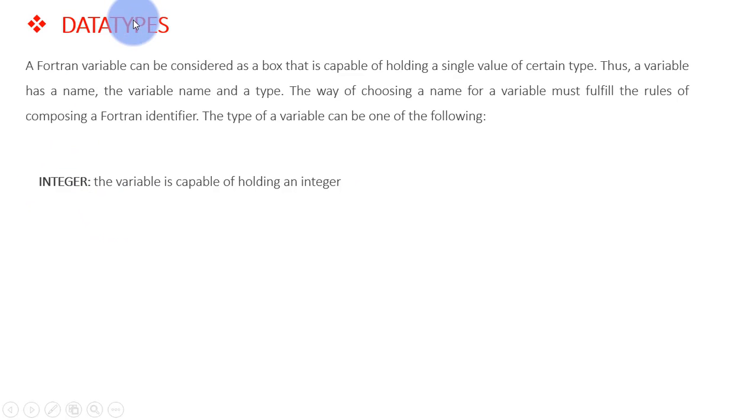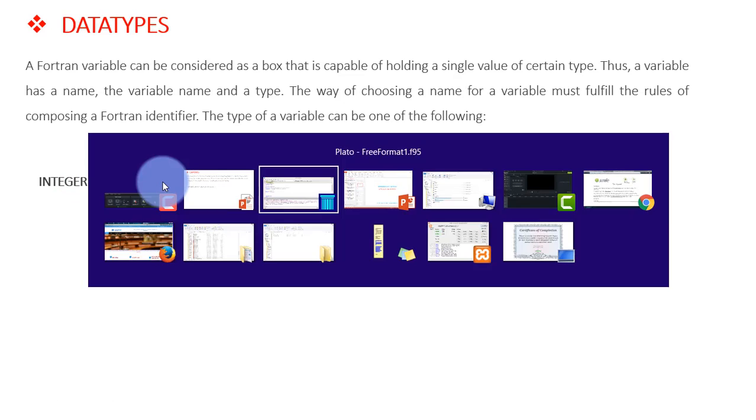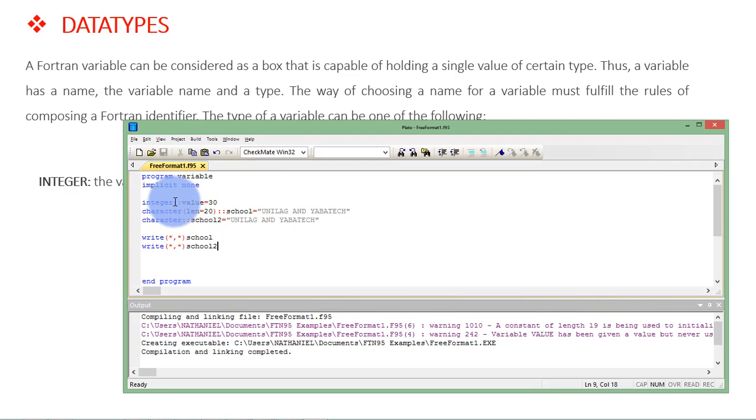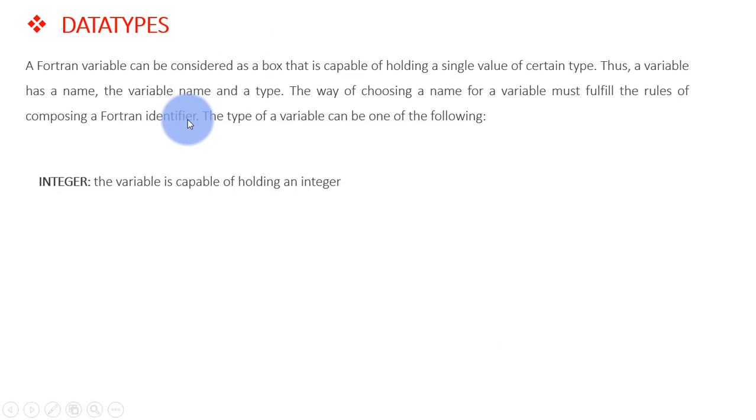That is, we can have an integer data type, as you can see in our previous example, like you having integer like this. So this is what we refer to as a data type. This one is an integer data type. This is a character data type. In Fortran we have up to 5 data types, so it is very important. As you can see, we have real.